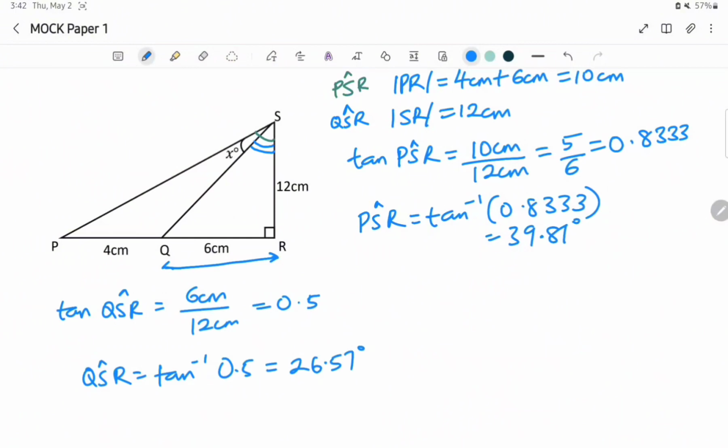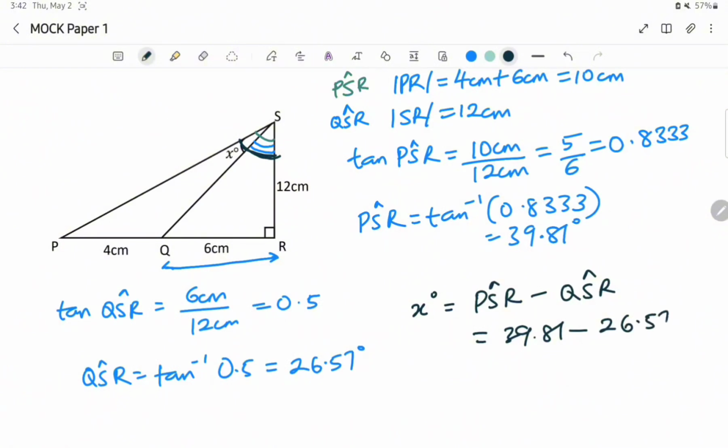Now, if the entire angle here, the whole of angle PSR, is 39.81, and just QSR is 26.57, that means x will be the difference between PSR and QSR, which is 39.81 minus 26.57 degrees, and that is equal to 13.24 degrees.